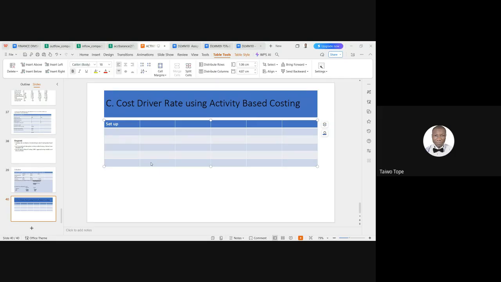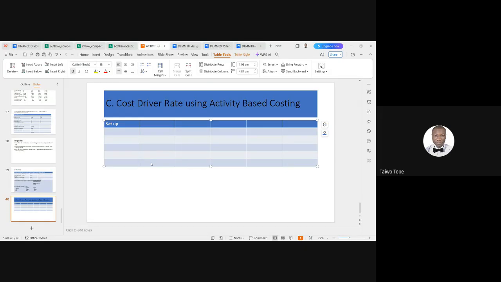We've defined that one batch for standard consists of 2,000 units. One batch for the loss consists of 100 units.